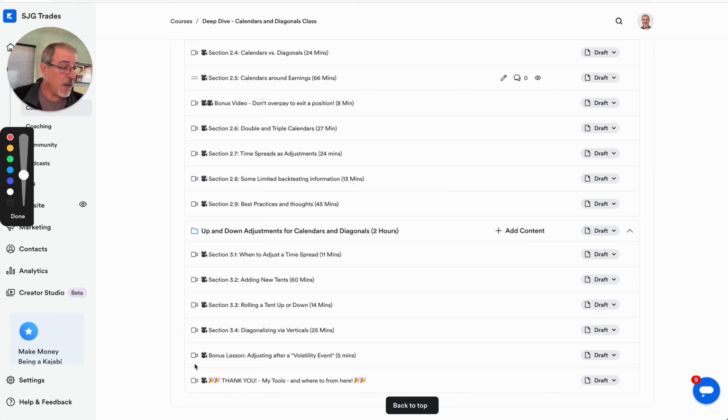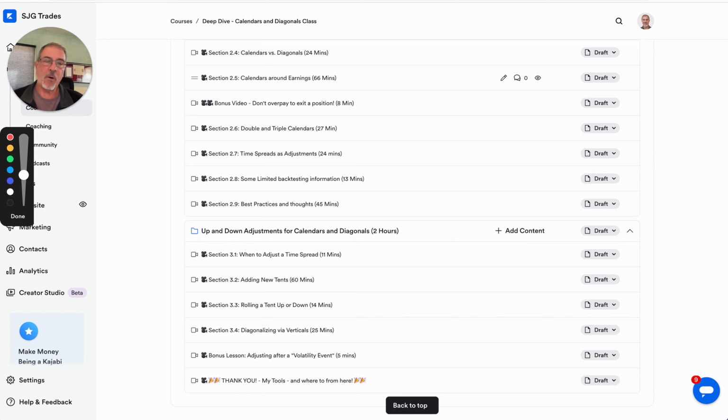And then also, there's something that a lot of traders don't fully comprehend with calendars and diagonals. You can get in, the trade can be centered right under the tent, right where you want it to be, but that trade can be losing a decent amount. I get into why that happens and some things that you might want to do about it.